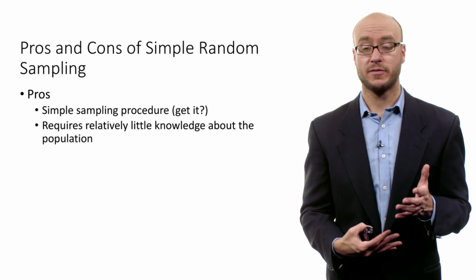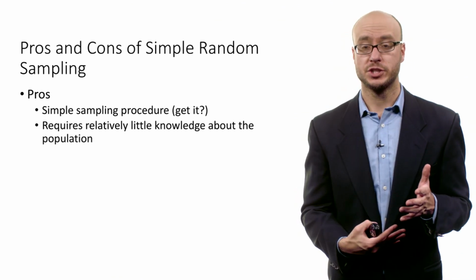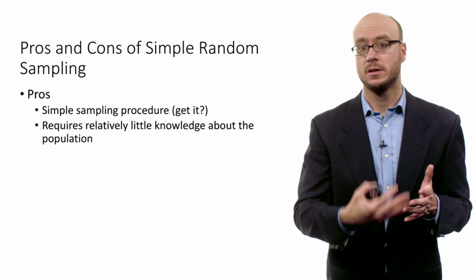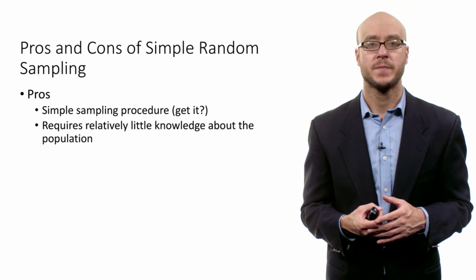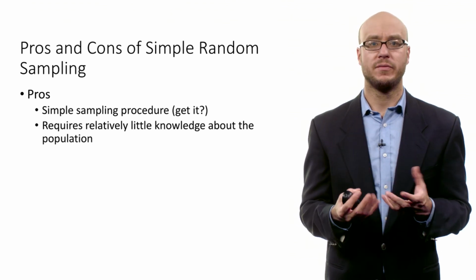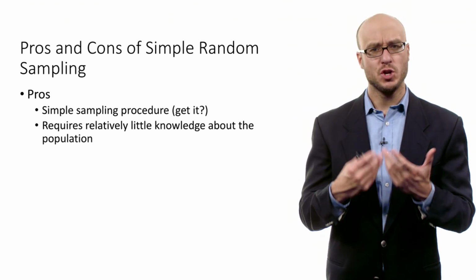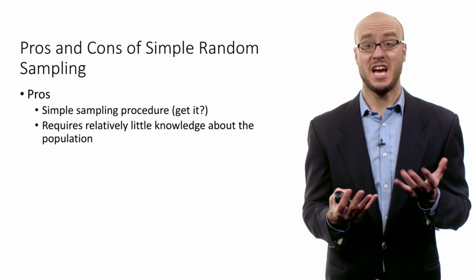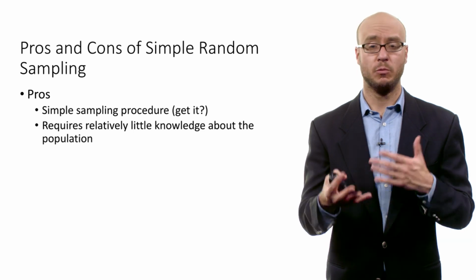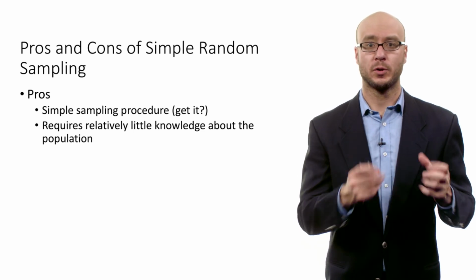You just have a sampling frame of all the elements in the population, and you just randomly select those elements based on whatever sample size you want. The other benefit of simple random sampling is that you don't need to know much about the population. You need that sampling frame. Besides that, you don't need to know who's hanging out with whom. You don't need to know how people are clustered.